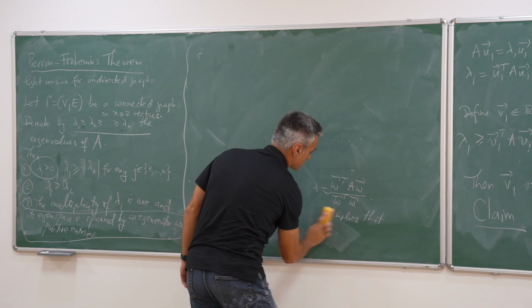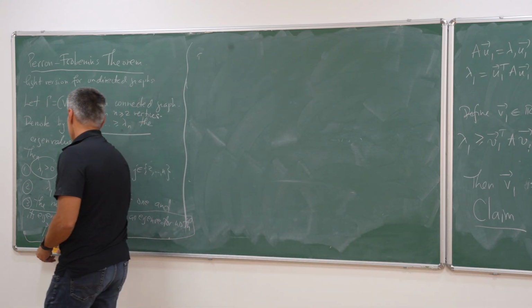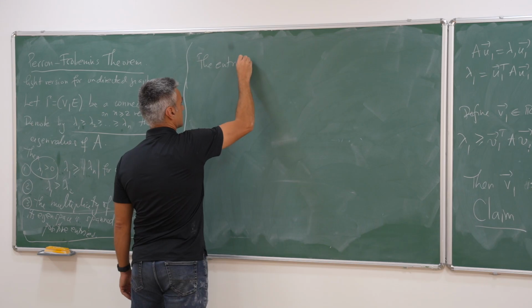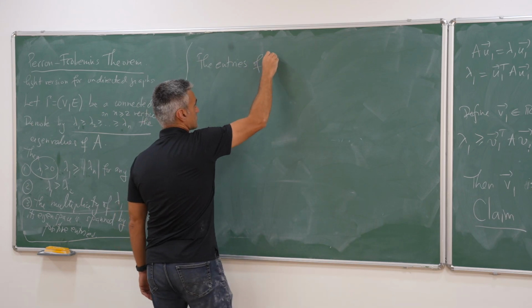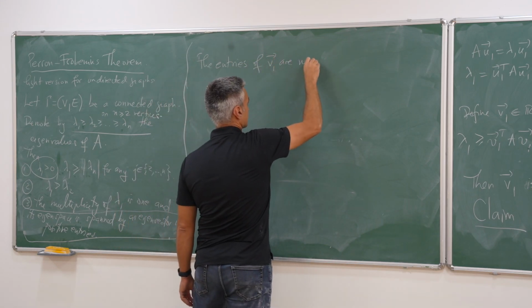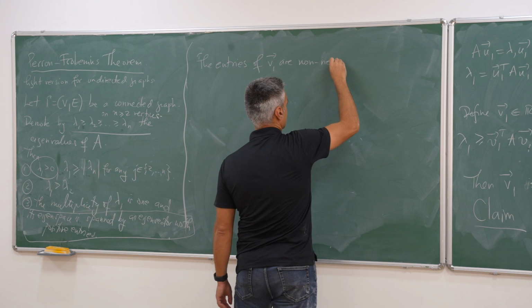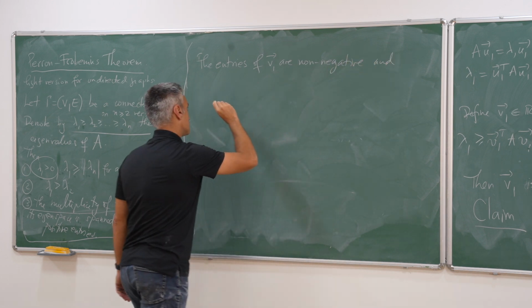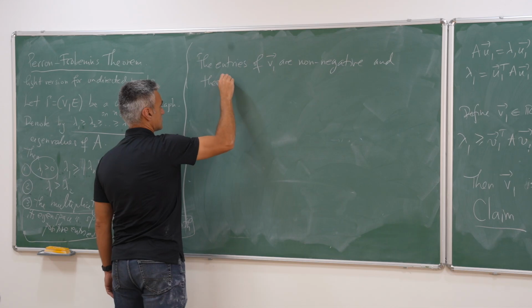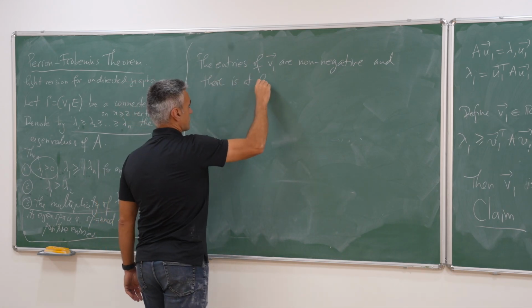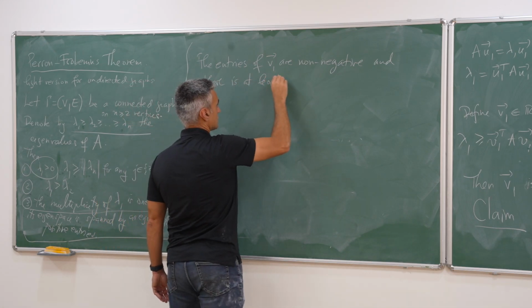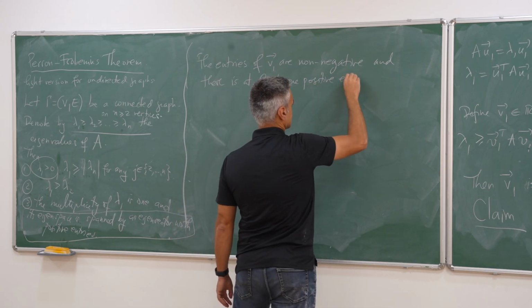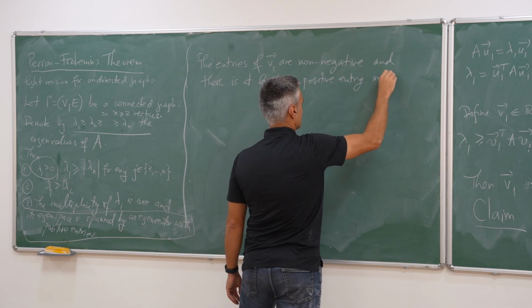So let me just write down what we talked about. The entries of V1 are non-negative, and there is at least one positive entry in V1.